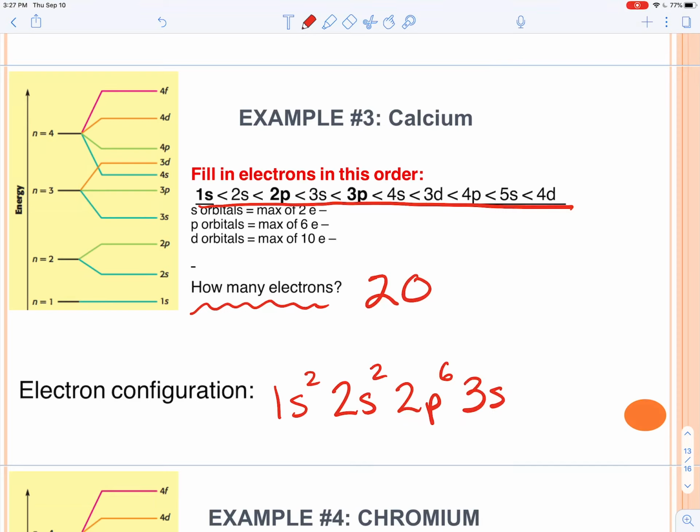After 2p is 3s. I can fit 2 electrons in an s orbital. After that is 3p. I can fit 6 in there. So I've got 18 electrons so far. And then after that is my 4s. I can fit 2 electrons there. So 1s2, 2s2, 2p6, 3s2, 3p6, 4s2.